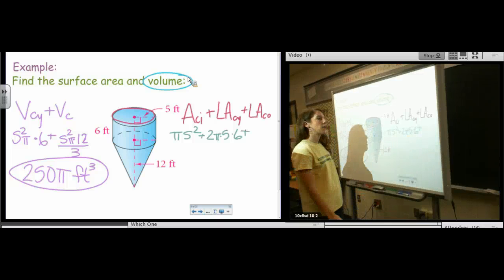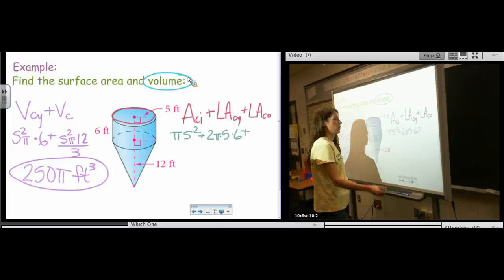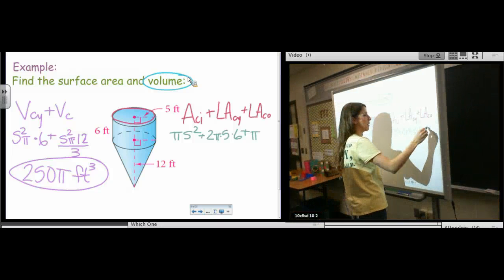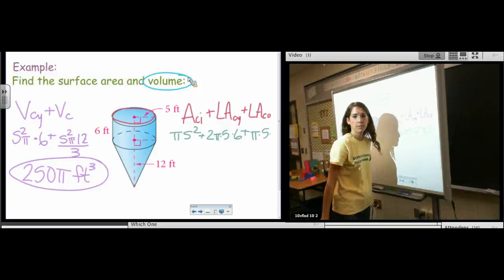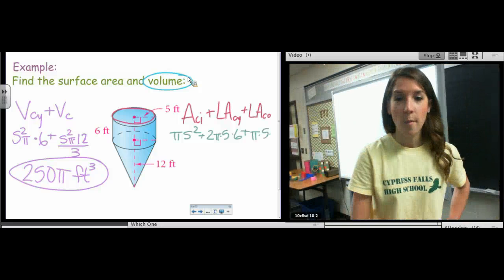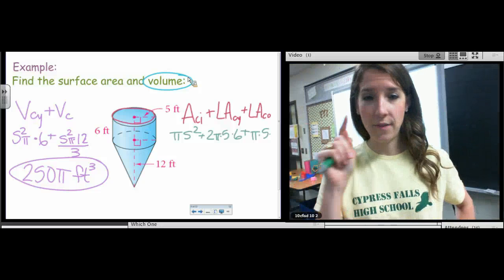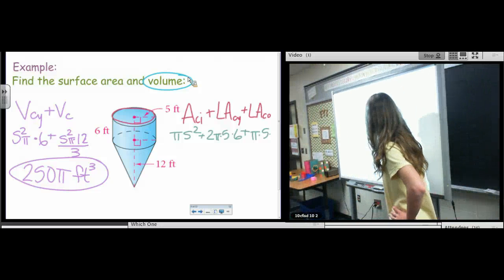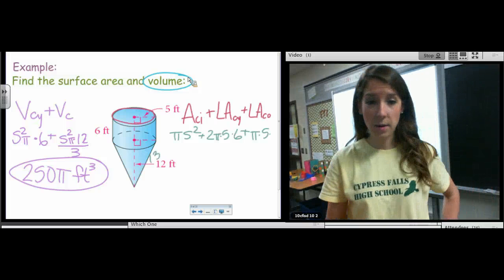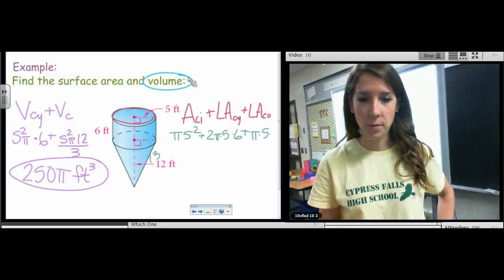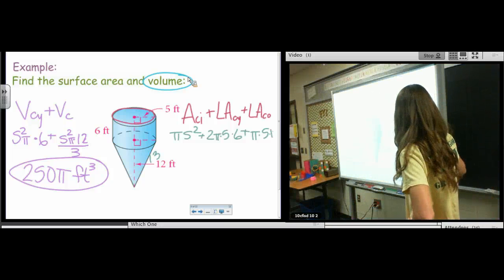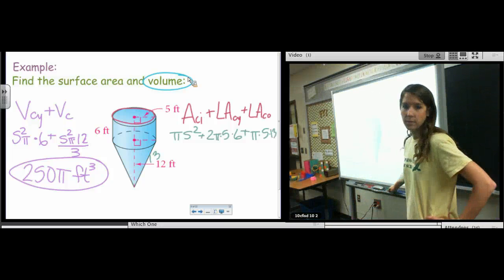And then lateral area of the cone, pi r l. We don't have l, but that's a Pythagorean triple, 5, 12, 13, are we okay with that? 5, 12, 13, it's a triple, memorize it. Ooh, I just barely fit that.